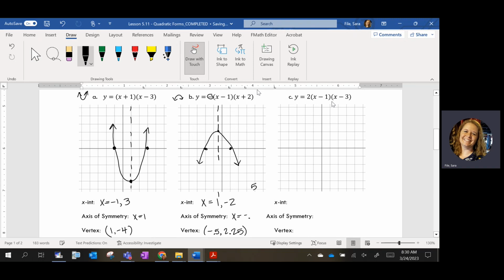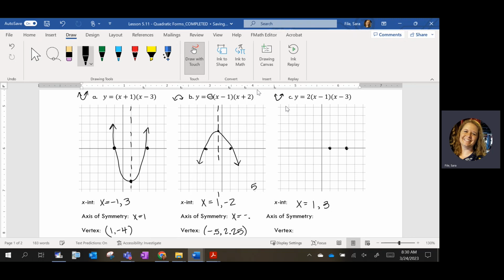What would be the solutions for C? +1 and +3. Both positive because that was (x minus 1) and (x minus 3). Is this one going to open up or down? Yeah, that a value is positive, so I know it's opening up.